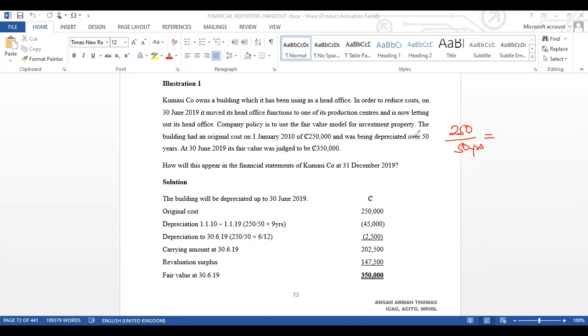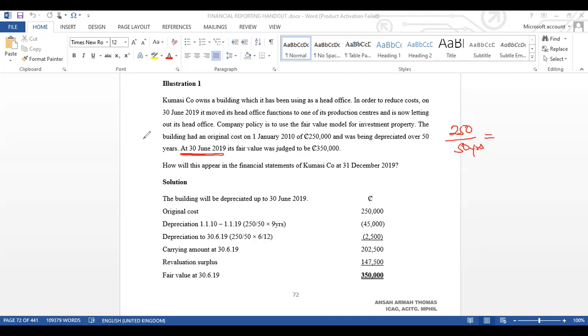From January 2010, it will start counting from 2010, 11, 12, 13, 14, 15, 16, 17, 18, 19. How many years is that? You can't add the full 19 because you need to end at this date. So you have to count up to January 2019.